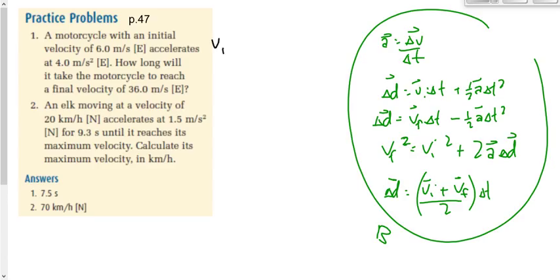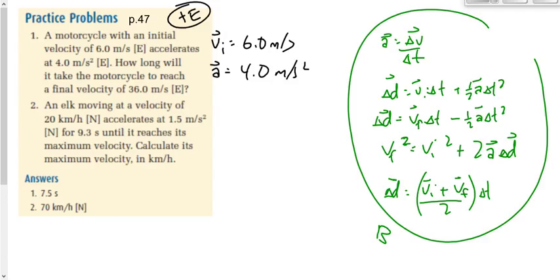We're going to say v_i is 6.0 meters per second. We'll say east is positive. Right? East is positive. v_i is 6 meters per second. We're going to say it accelerates at 4 meters per second squared. So it's not saying that that's how fast it goes, it's saying that's how quickly it accelerates, so how quickly it speeds up.